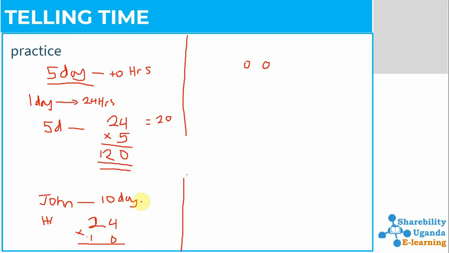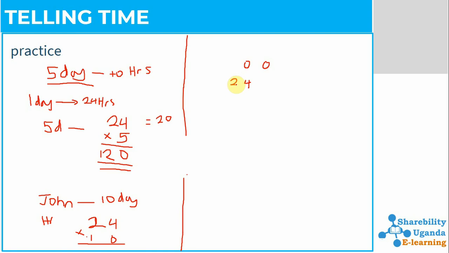What is 1 times 4? We shall get our 4. Then what is 1 times 2? We shall get our 2.